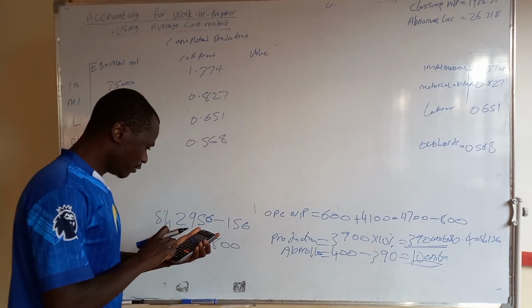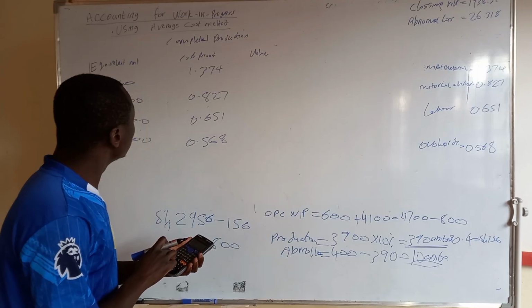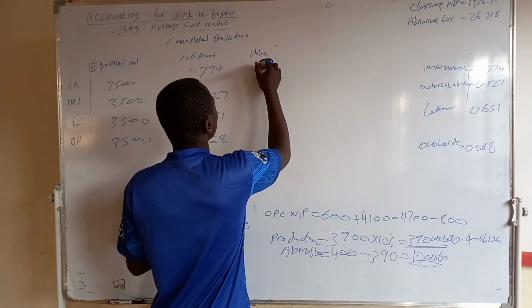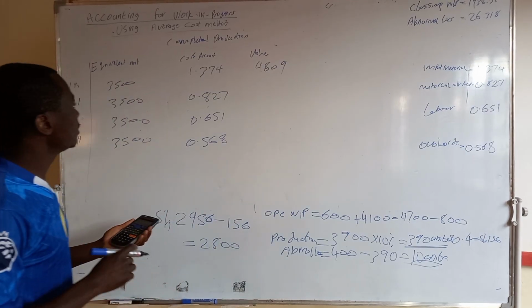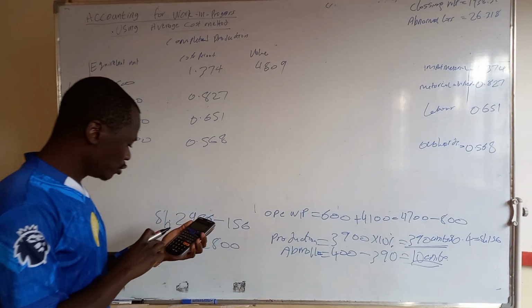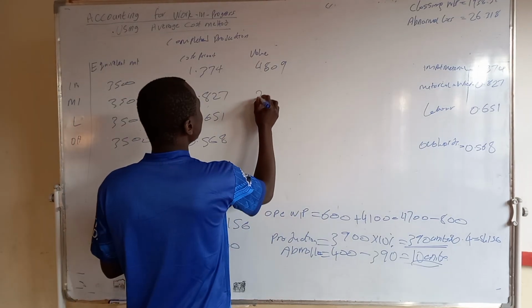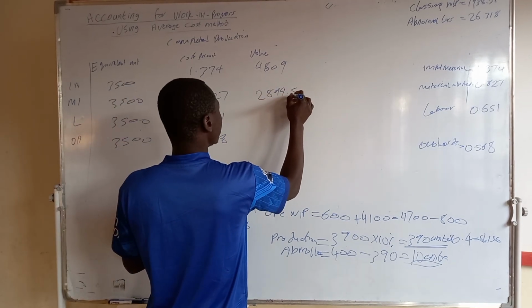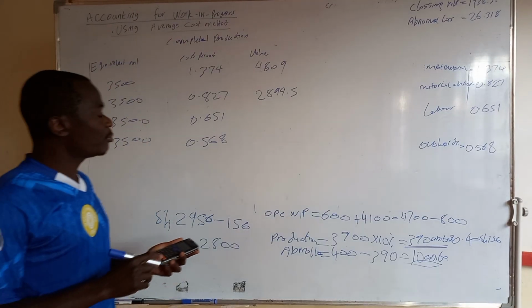Now, let us get the cost. So 3,500 times 1.374 is 4809. Then we have the same number times 0.827, which is 2894.5.